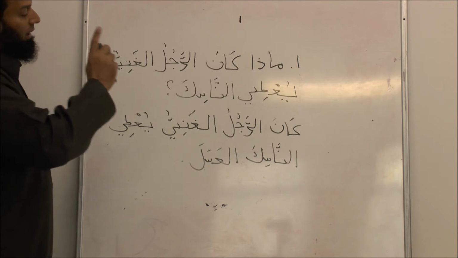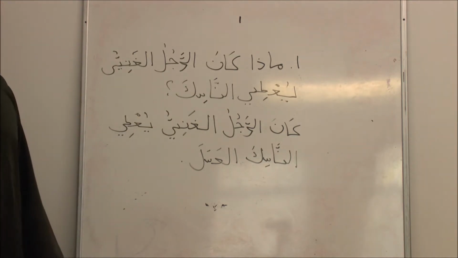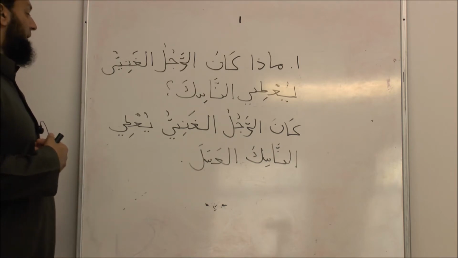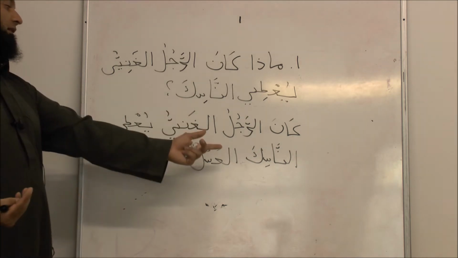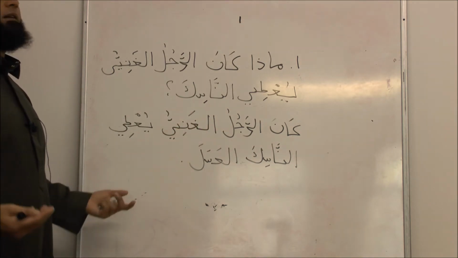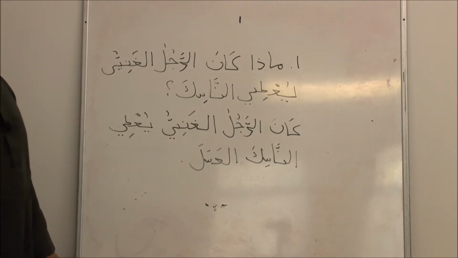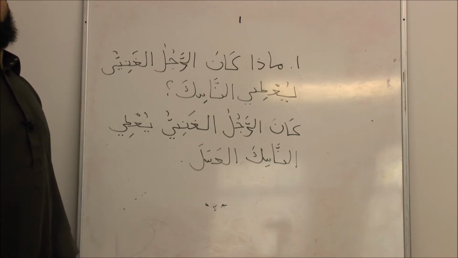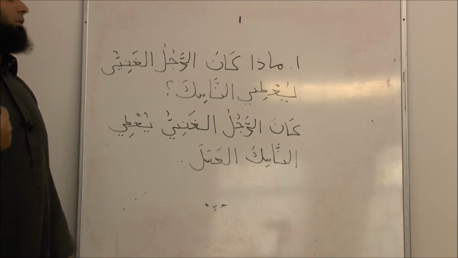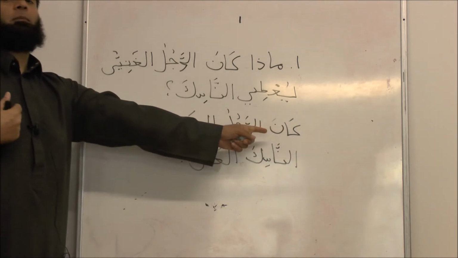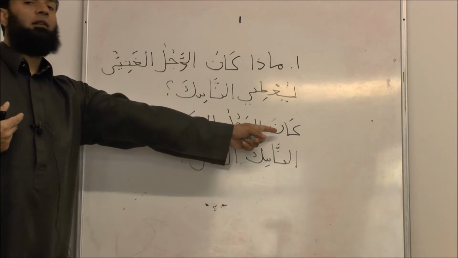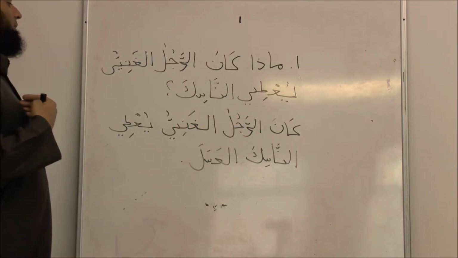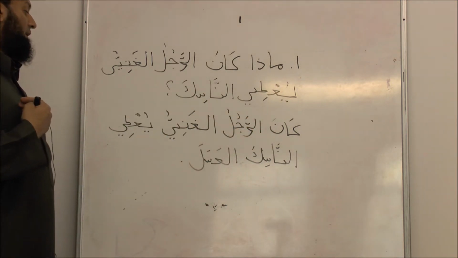Just as we all the time give things to people, we should remember how to change it to the first person. So if we wanted to say, for example, I used to give the hermit honey, how would we say it? You'd have to make this first person, past tense: kuntu.